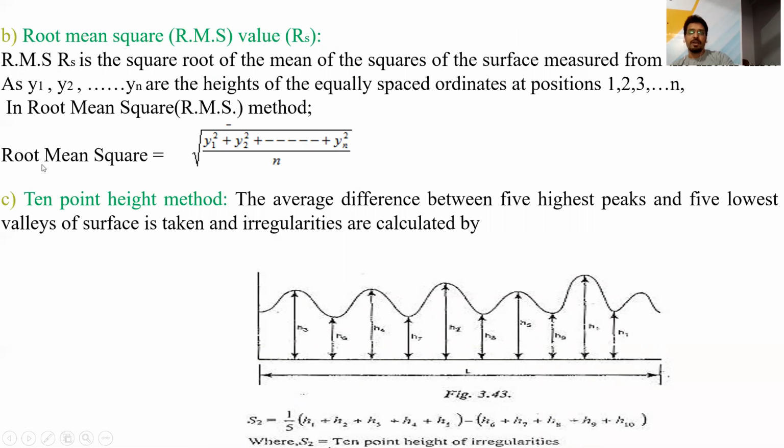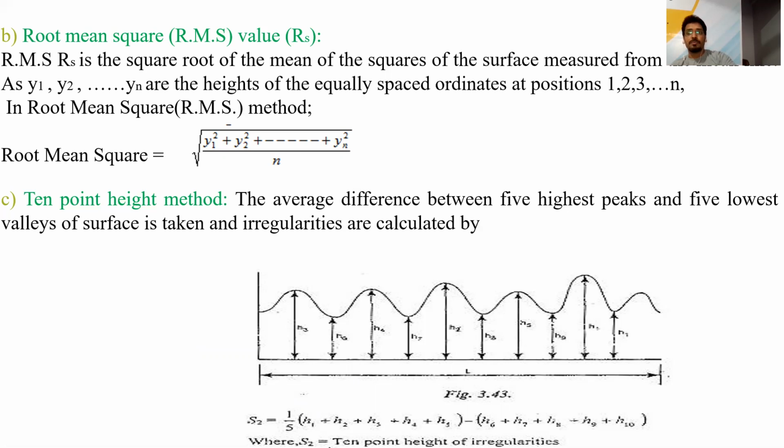So we get the root mean square value, and the representation of the root mean square roughness is RS. Okay. So RS typically gives a roughness value 11% greater than the CLA roughness.